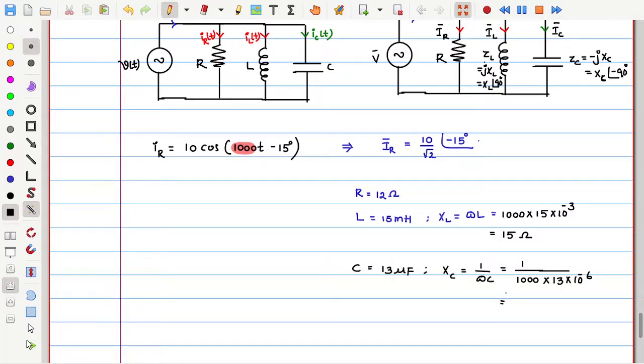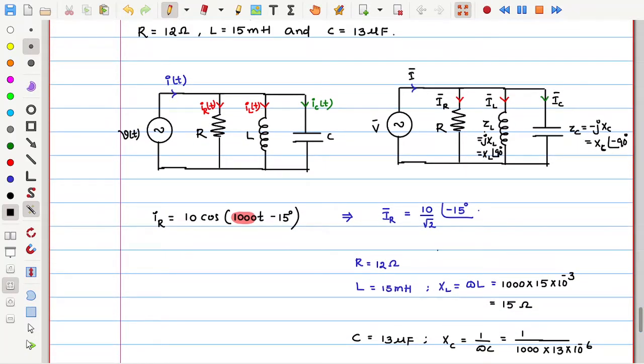So this is 1000 by 13, which is approximately 76.923 ohms. That means I got XC, which means I got ZC directly. So from the given information in the given circuit I got every required parameter, which is R, ZL, ZC.